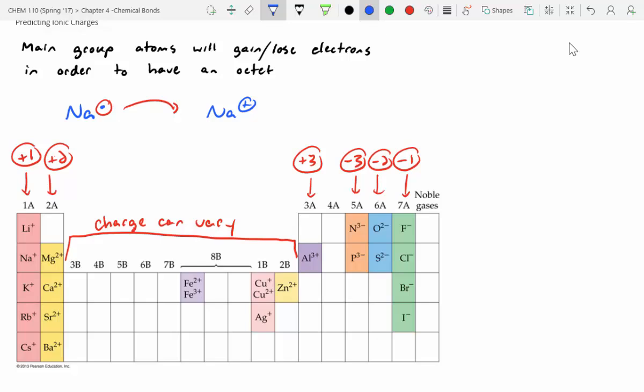Yeah, exactly. It's really the path of least resistance. It's easier to give up 1 electron than it is to find 7 electrons. So in this case, try to find the closest route to an octet. That's why over here we don't say it's got a +5 charge. That would take more work than gaining 3 electrons to get to that octet.